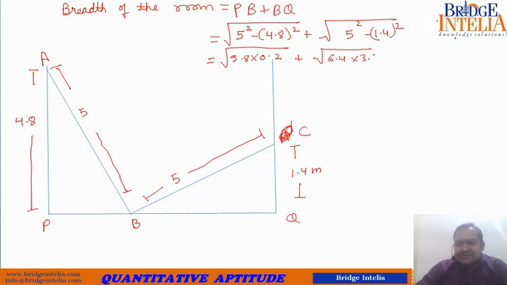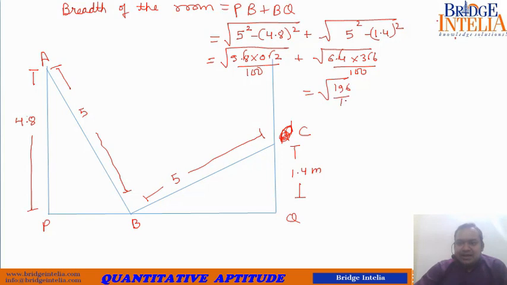So you see 9.8, so 98. If you remove the decimal, similarly if you remove the decimal here, this is what it becomes. So 98 into 2, so this is 196 by 100.